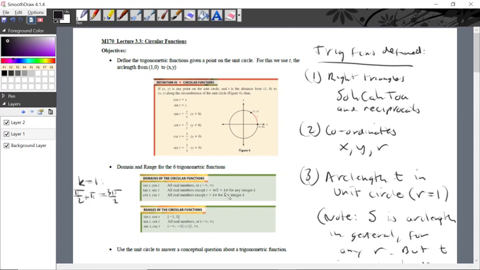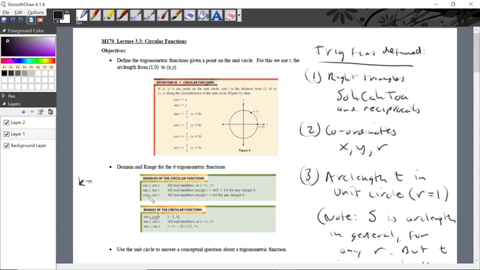In other words, any time you choose an integer k and plug it into this formula, pi over 2 plus k pi, you will end up at either the positive y-axis or the negative y-axis for any integer k that you select. So these are all the places where tangent and secant would be undefined.